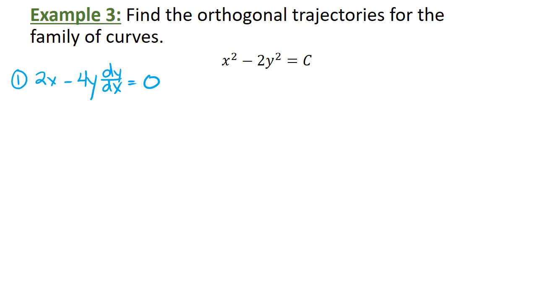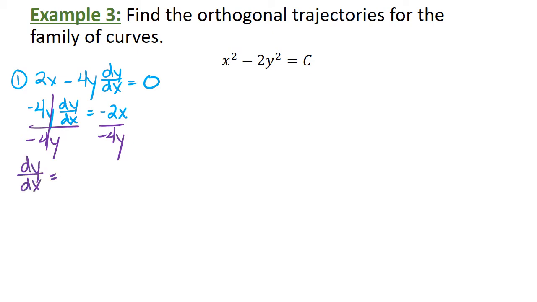Now, getting dy dx by itself, I'm going to move the 2x over by subtracting, and then I'm going to divide both sides by a negative 4y. And when I do, I end up with the derivative being x over 2y after simplifying.